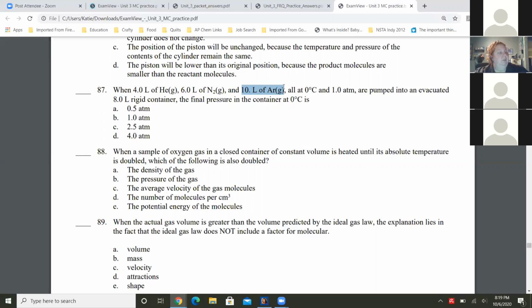I have 10 liters of argon at 1 atmosphere, and if I move that to 8 liters, that's 10 divided by 8, which is 1 2/8, or 1 1/4, which is 1.25. So now I have helium with a pressure of 0.5 atmospheres, nitrogen with 0.75, and argon with 1.25. If I add all that together, I get 2.5 atmospheres.